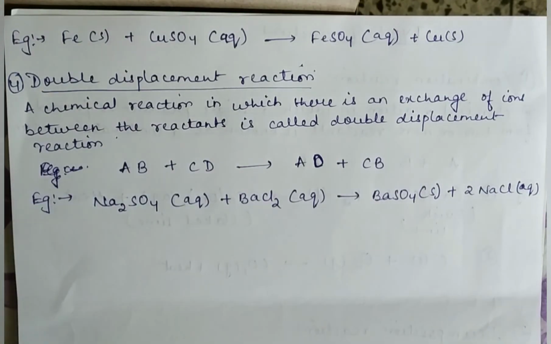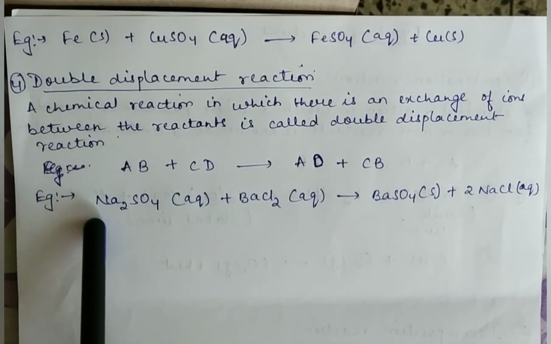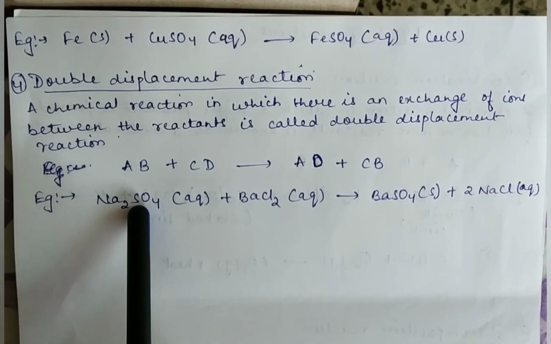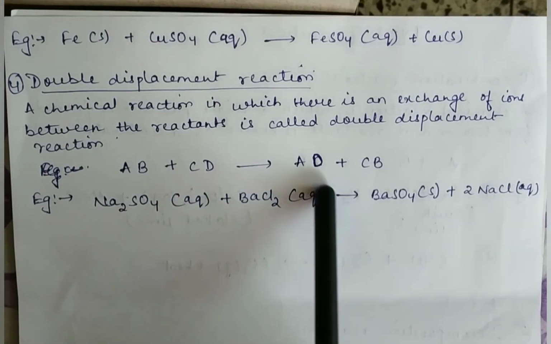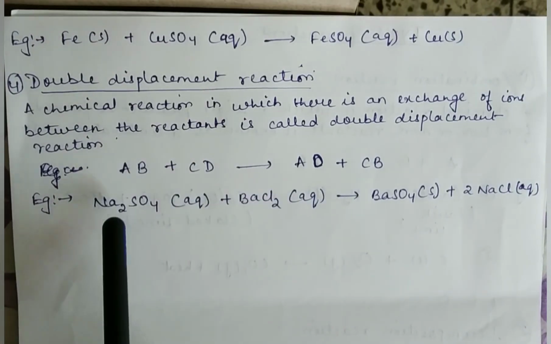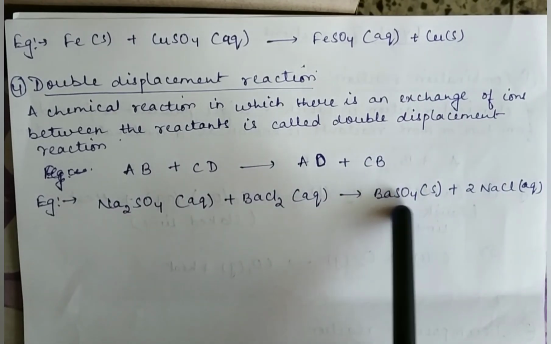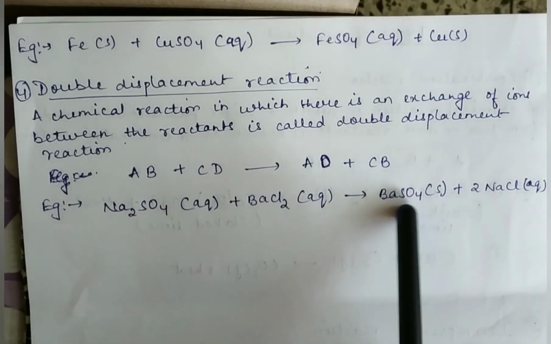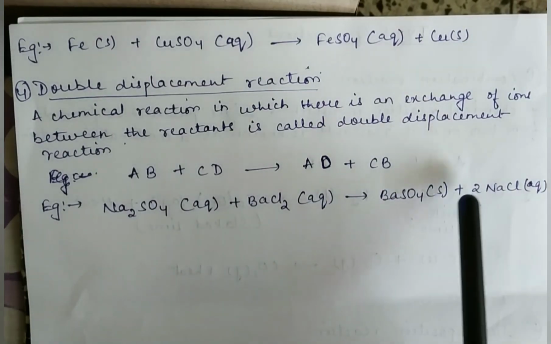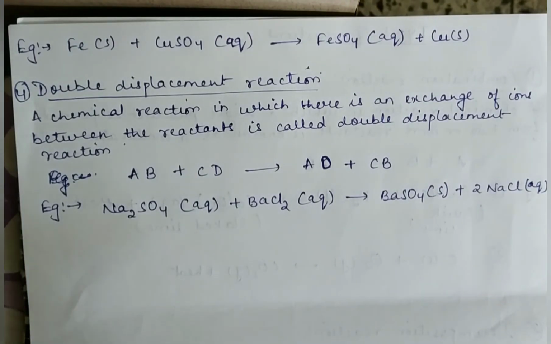So when an aqueous solution of sodium sulfate, that means a water solution of sodium sulfate, is added to an aqueous solution of barium chloride, then we get barium sulfate solid as a precipitate. It is insoluble in water, and an aqueous solution of NaCl is formed. So you see, it is a double displacement reaction. Let us try to understand it in detail.